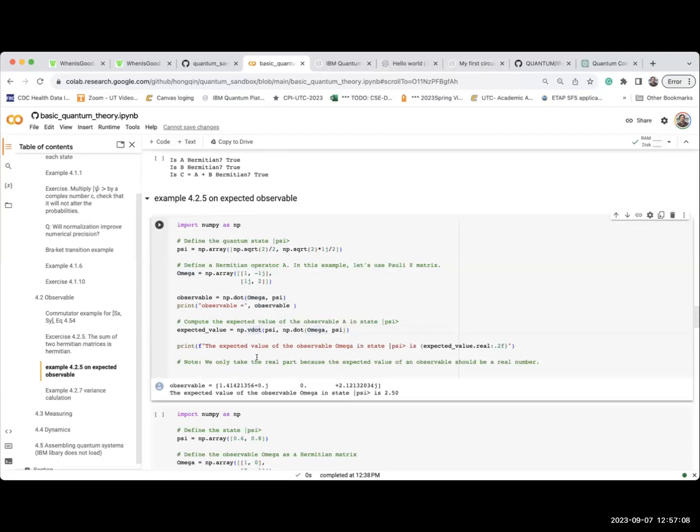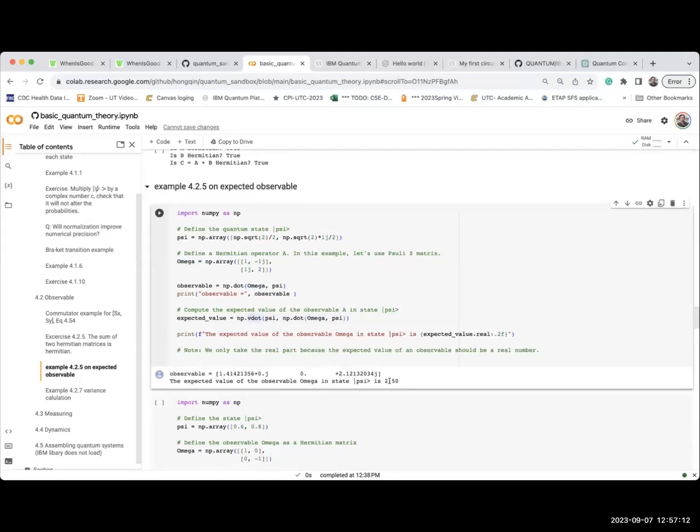So that is 2.5. The observable is 1.2. That's correct. It's 1.4. I guess that must be 3 over 2 square root 2 i.